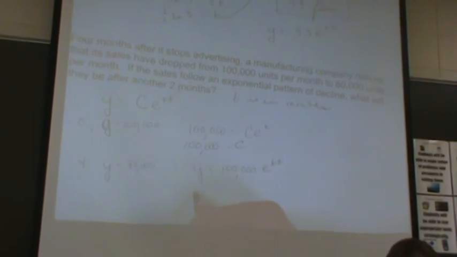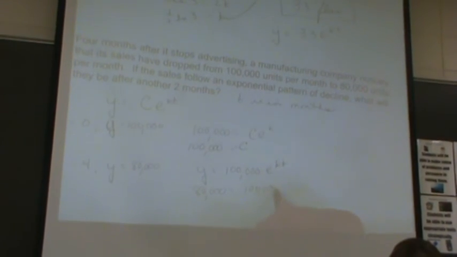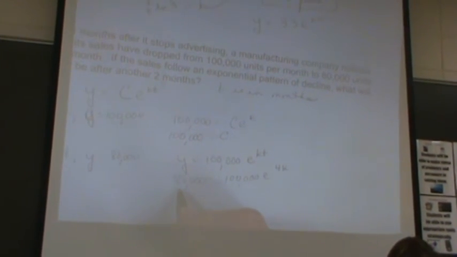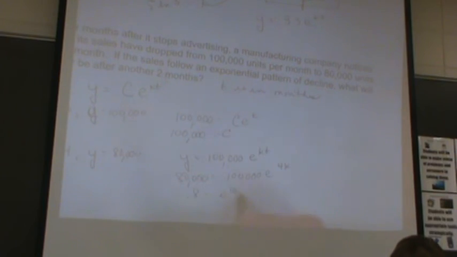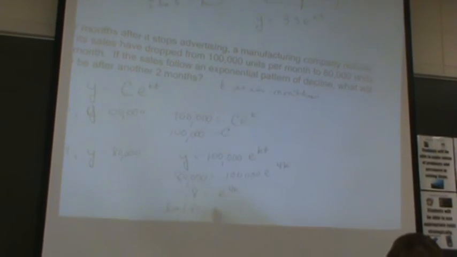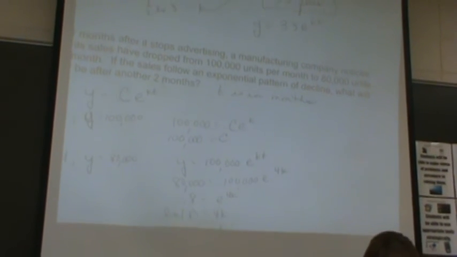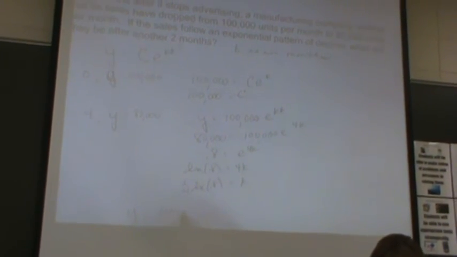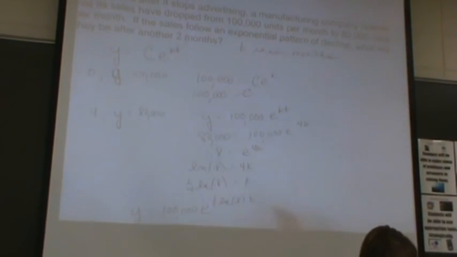So we know that 80,000 equals 100,000 e to the 4k, and we can solve for k. Dividing by 100,000, we get 0.8 equals e to the 4k. So the ln of 0.8 equals 4k, and k would be 1/4 ln of 0.8. So we now have the equation y equals 100,000 e to the 1/4 ln of 0.8 t.